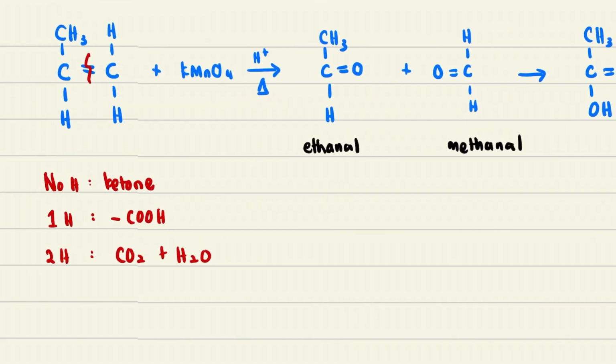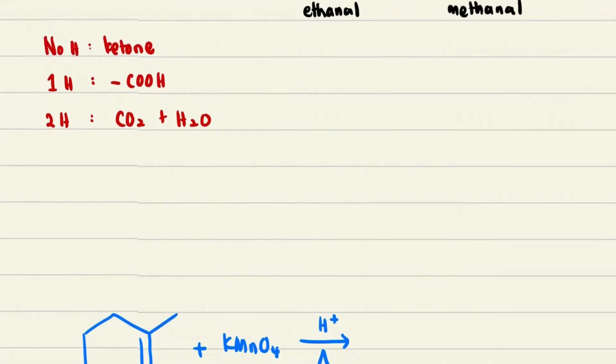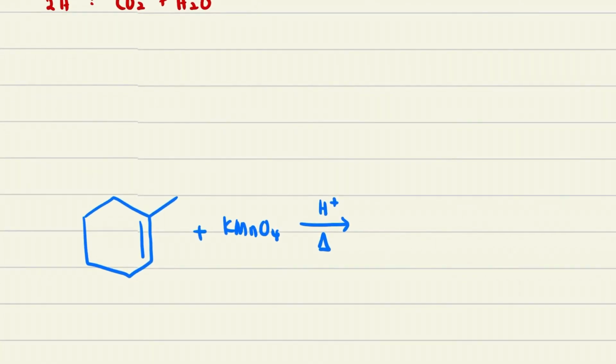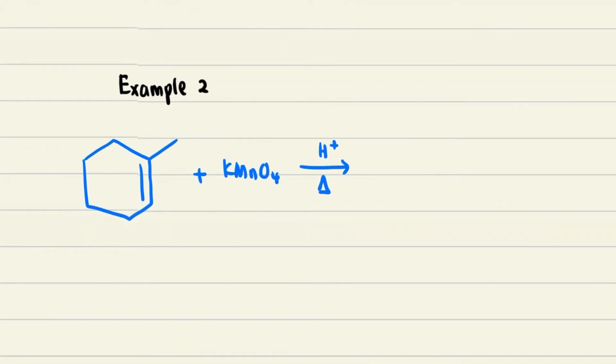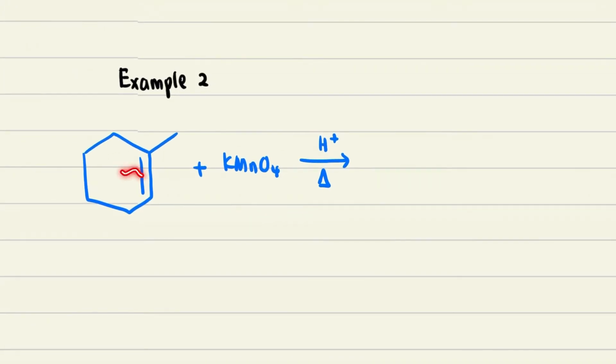Okay, tapi kalau dia tak ada carbon kamu tu, let's say tak ada langsung H, so dia akan jadi ketone. Alright, so kena ingatlah structure ketone macam mana, carboxylic acid macam mana. Okay, alright, so that is the first example. Next, kita pergi kepada example 2. Okay, for example 2, dia susah sikit because the oxidative cleavage will occur at carbon-carbon double bond.